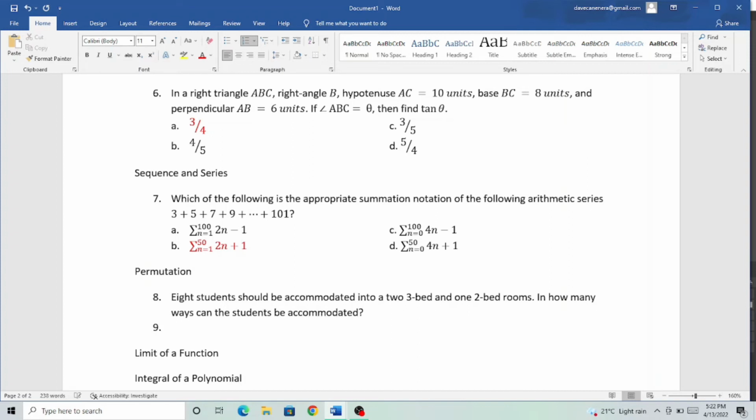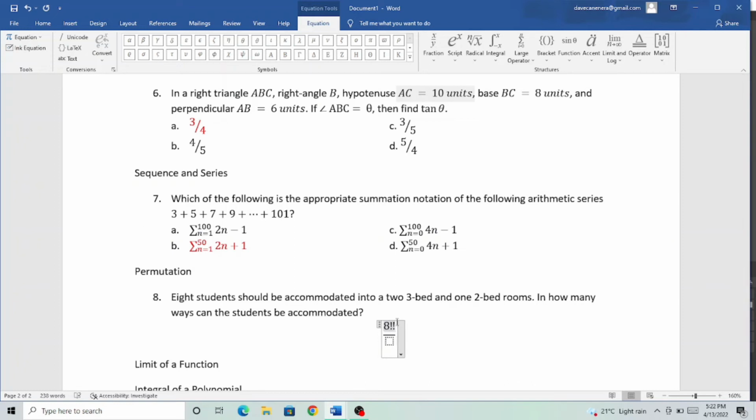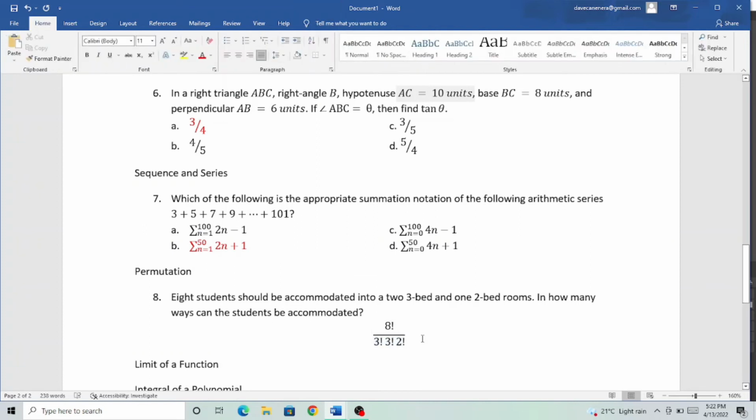So what do you think, guys? So basically it's just 8 factorial over, since we have a 2, 3 bed, that's simply 3 factorial, 3 factorial, and a 1, 2 bedroom, 2 factorial. So by computing it, it is basically 560 ways, right?